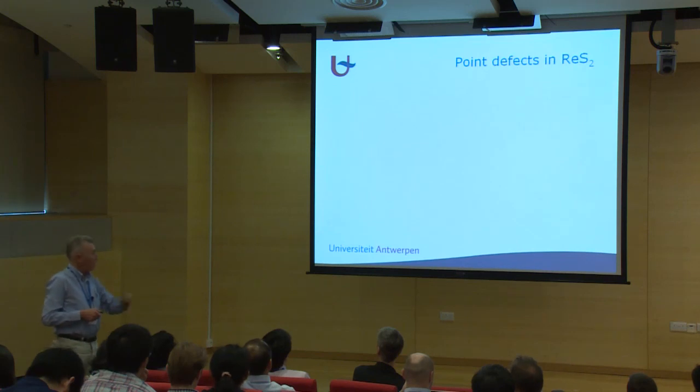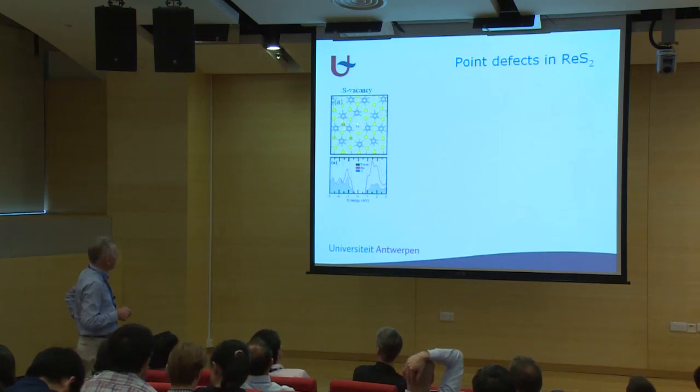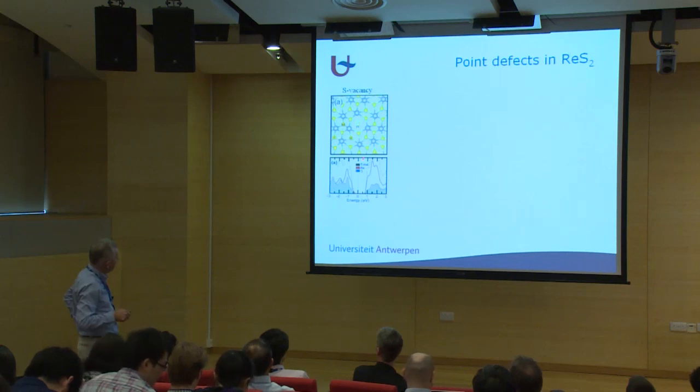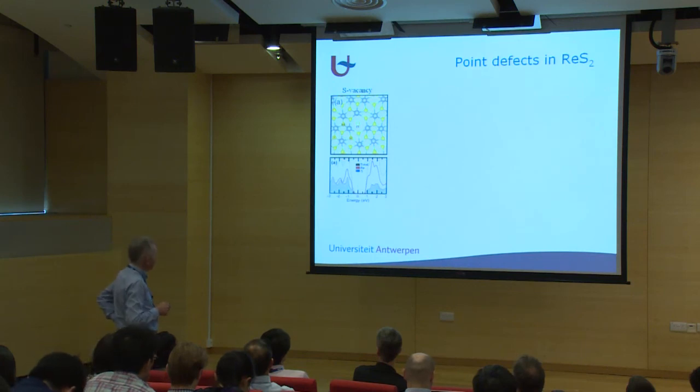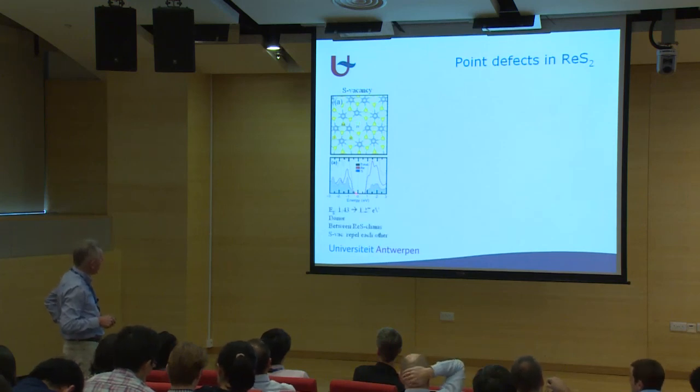And the last part, what about defects in this system? Of course, you now have 4 different sulfur atoms, and it turns out that this sulfur atom here, which sits between the rhenium chains, and these are the rhenium chains, if you make a vacancy there, that has the lowest formation energy. And the effect on the density of states is the following.